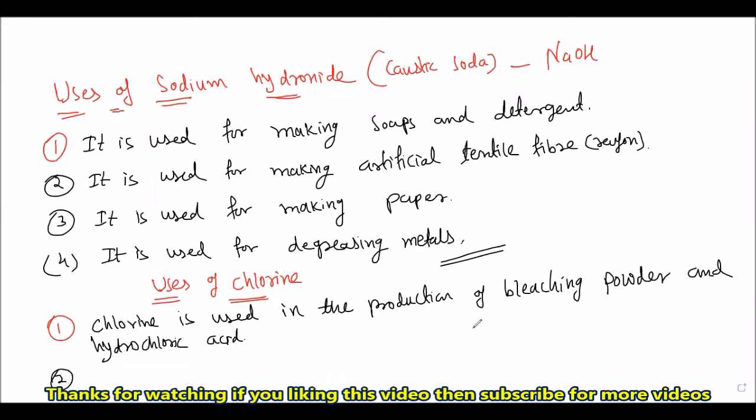And one more use: chlorine is used in sterilizing drinking water. This is a very important use.